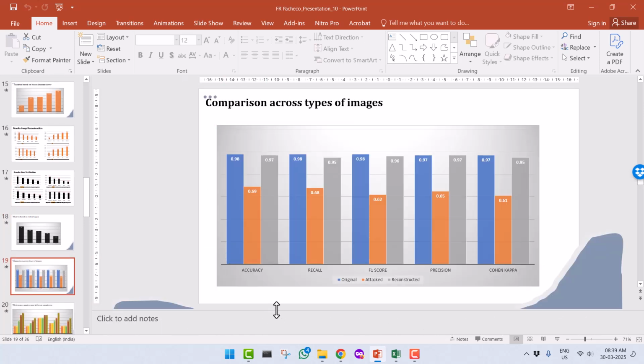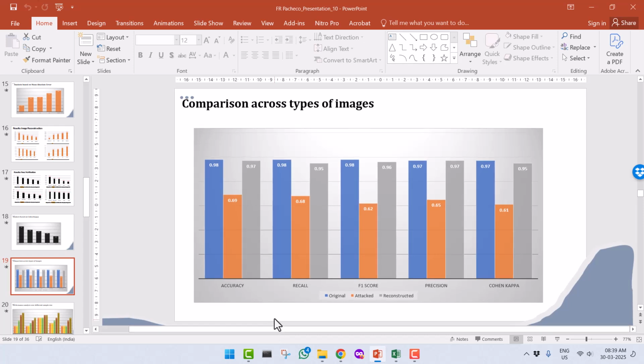Then we have also compared the performance of the model on the original image. It has often been observed in the literature that when people try to improve performance on reconstructed images, models start misbehaving on original data, and accuracy on original data goes down.